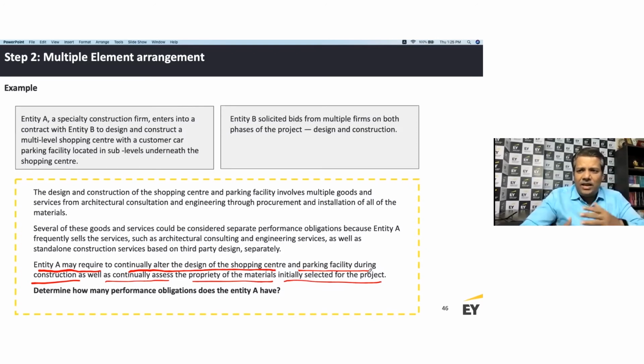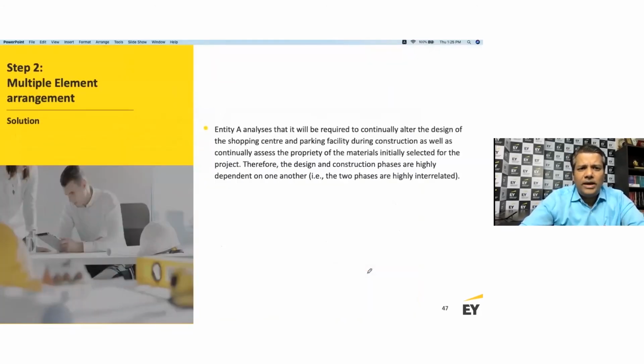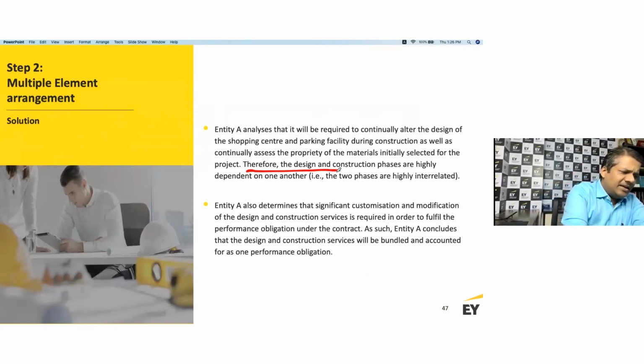And such is the nature of this promise that the design may need to continuously change to accommodate the requirement from the perspective of the end output. That is where you see there is continuous change and alteration in the design of the shopping center and the parking facility. Therefore, the design and construction phases are highly dependent on one another.